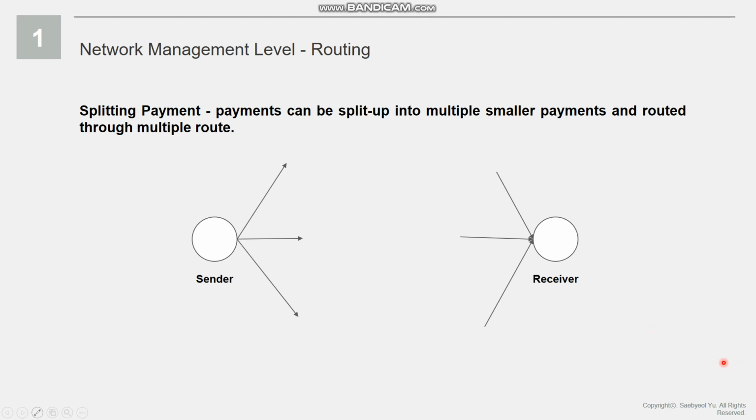A payment can be split up into multiple smaller payments and routed through multiple routes. In this routing mechanism, the sender chooses the number of paths, splits the payment value, and sends it to a receiver. Today, many researchers adopt this mechanism in their routing mechanisms. For example, Speedy Murmurs, AMP, Split Payment Protocol, Spider, Flash, etc.